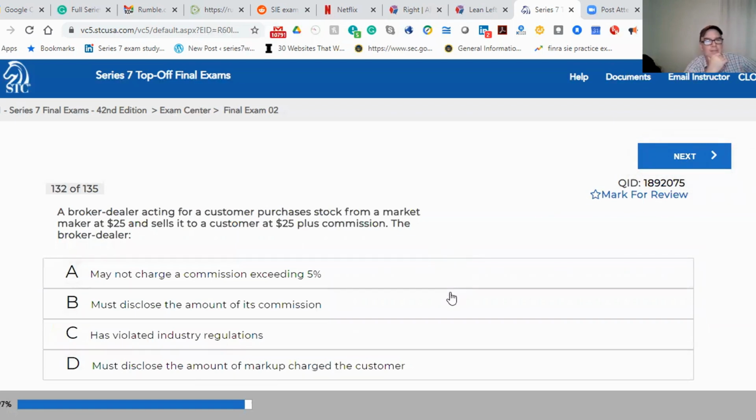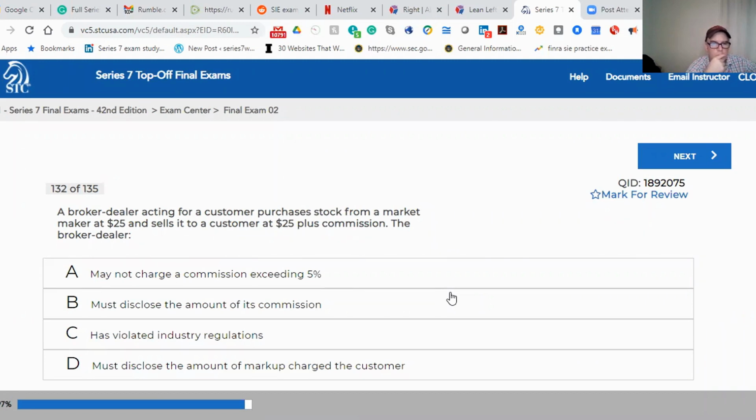A broker-dealer acting for a customer purchases stock from a market maker at 25 and sells to the customer at 25 plus a commission.